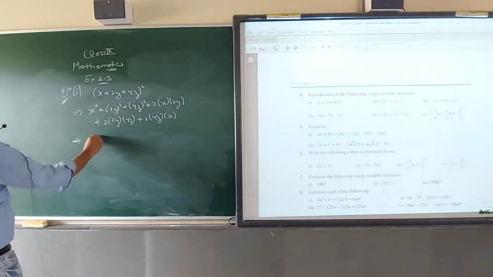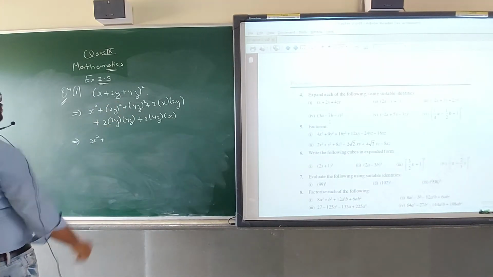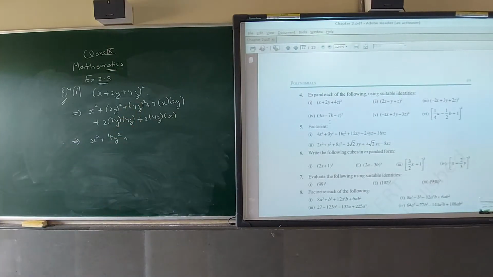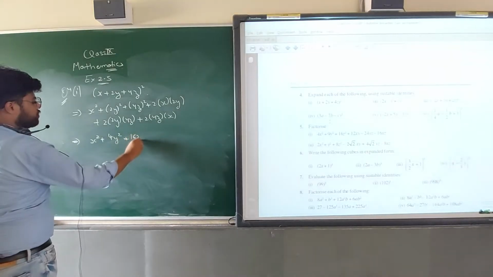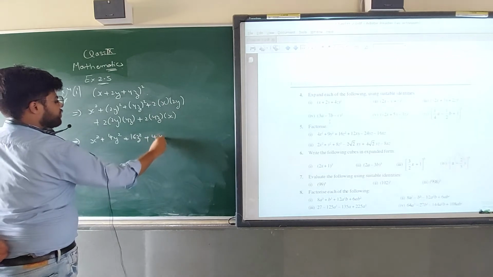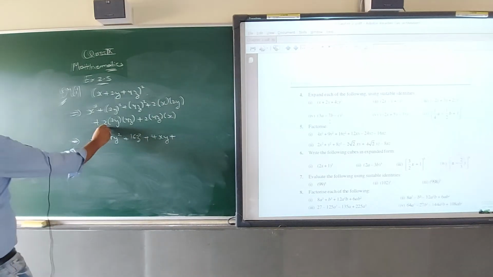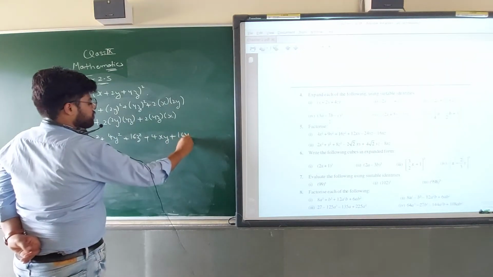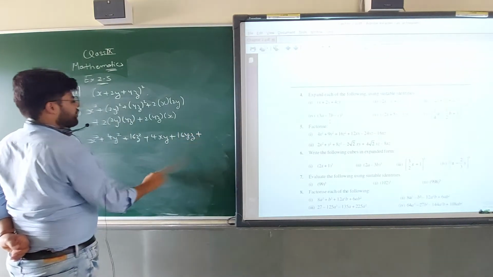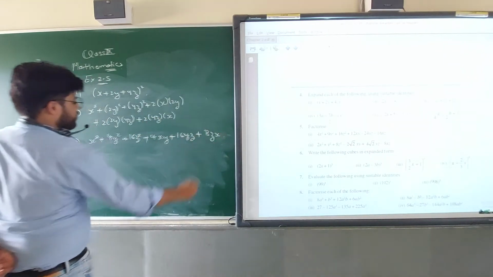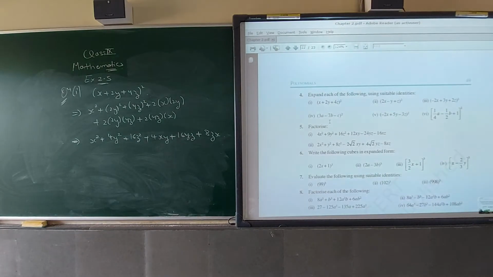Now x square plus the square of 2y is 4y square, plus the square of 4z, the square of 4 is 16, 16z square. Plus, now 2 into 2 it is what? 4xy, plus 2 into 2 into 4 is 16yz, and plus 2 into 4 is 8zx. This will be the answer.